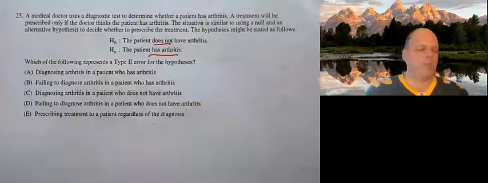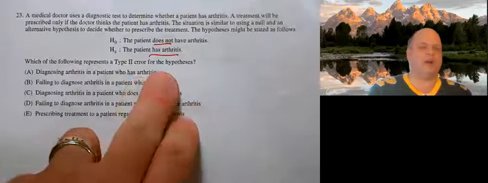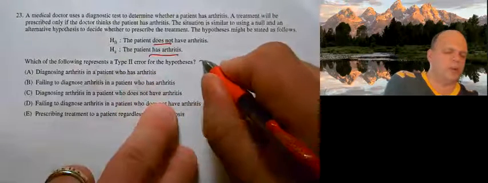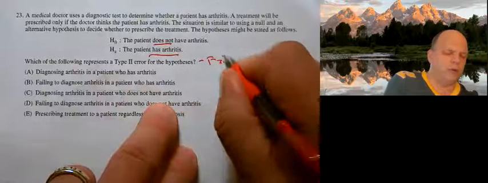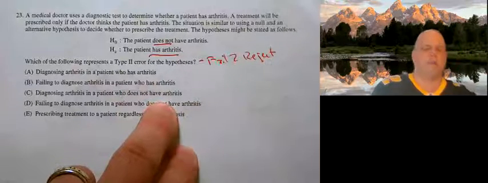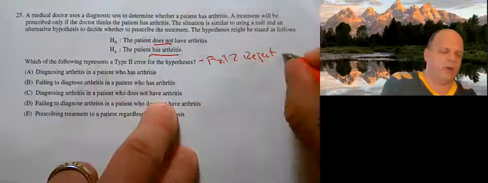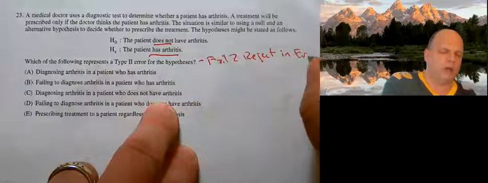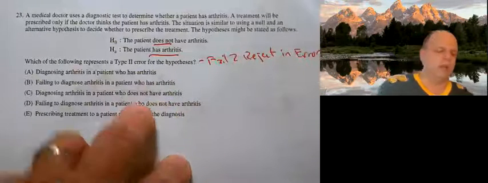Which of the following represents a type 2 error? Remember, type 2 is fail to reject. All right, in error. In other words, you made a mistake.